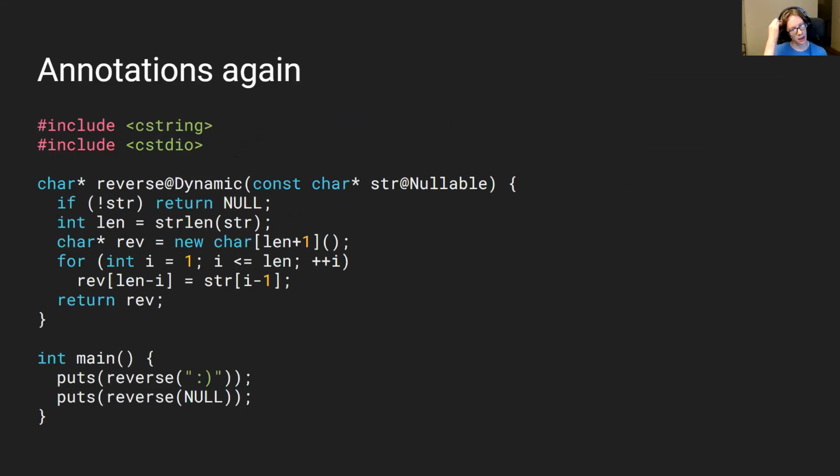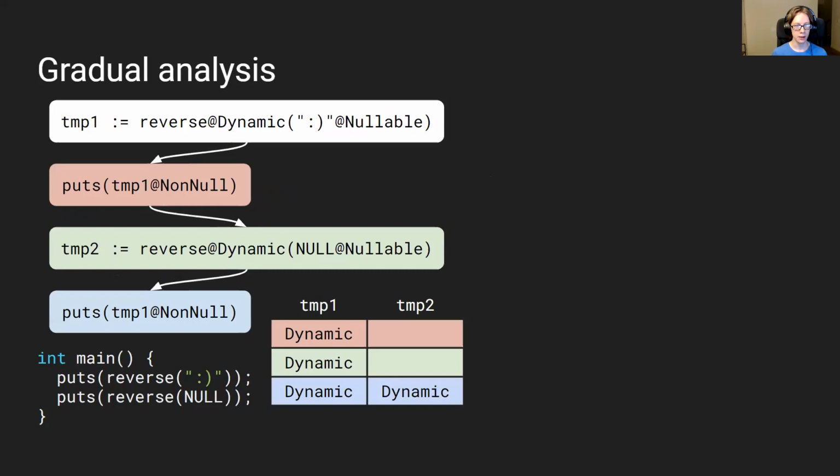So here's an example. If we instead annotate the return value of reverse with dynamic instead of nullable, then we get this situation when we analyze the main function. So both of the returned values from reverse are actually now dynamic instead of nullable. And remember that dynamic includes non-null as one of its represented abstract values.